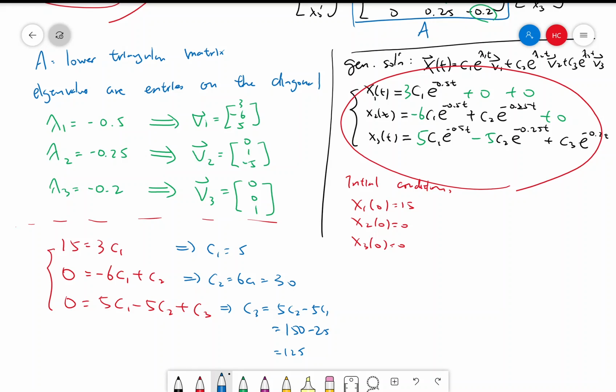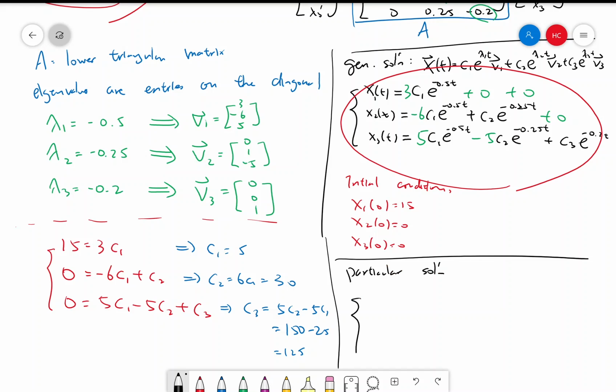So the particular solution is: x1 is 3c1, which is 15, e to the negative 0.5t. x2 is negative 6c1, that's negative 30, e to the negative 0.5t, plus c2, which is 30, e to the negative 0.25t.